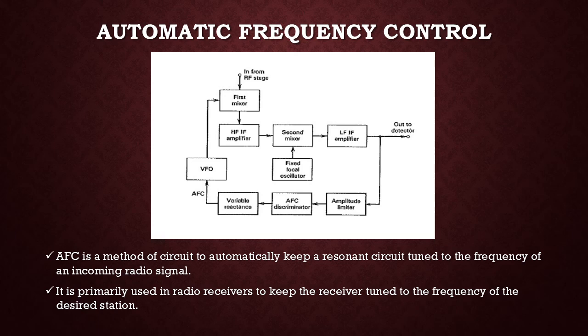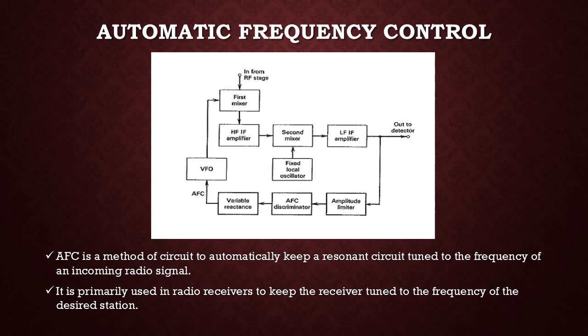In radio communication, AFC is needed. Why? Because after the band pass frequency of a receiver is tuned to the frequency of a transmitter, the two frequencies may drift apart, interrupting the reception.